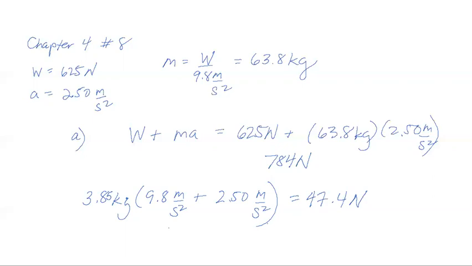All right, that was number 8. Chapter 4, number 10 reads: a dock worker applies a constant horizontal force of 80.0 newtons to a block of ice on a smooth horizontal floor, and that block of ice implies no friction. The friction force is negligible.